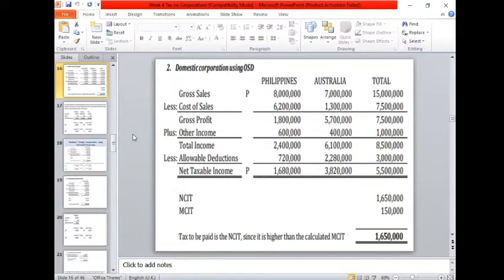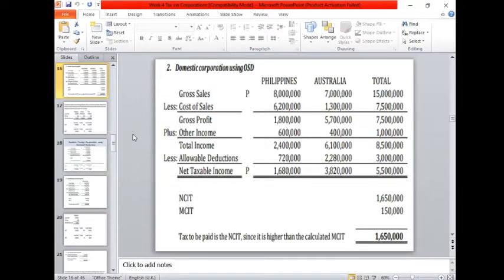Therefore, the net taxable income for the Philippines is 1,680,000. In Australia, 3,820,000, with a total of 5.5 million. After that, we have to compute for the normal corporate income tax and the minimum corporate income tax. The normal corporate income tax is 30% of 5.5 million, that is 1,650,000.